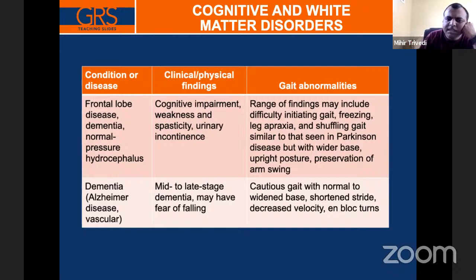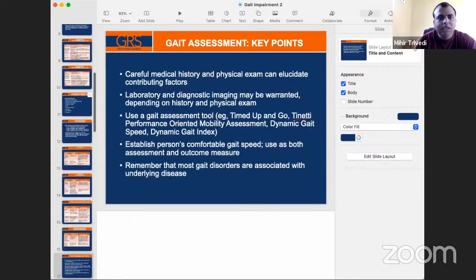In mid to late stage dementia, there may be fear of falling, cautious gait with normal to widened base, shortened stride, decreased velocity, and block turns. Next one, gait assessment. There are a few key points.